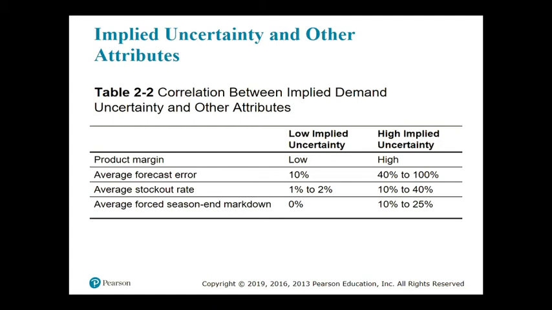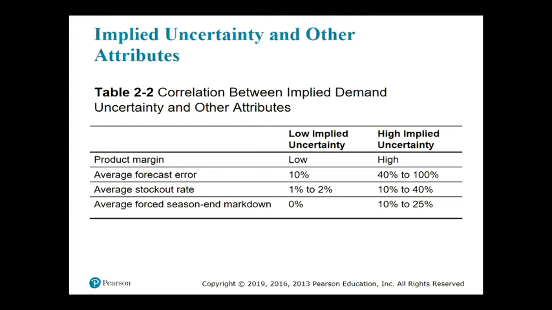And with high demand uncertainty, it usually corresponds to high profit margin. So you can think of the difference between innovative product versus regular product. A product that is very new, very innovative, usually has a higher profit margin than an old product.